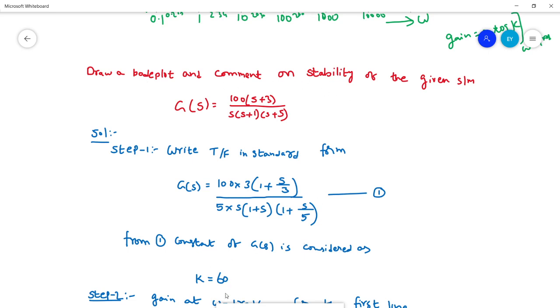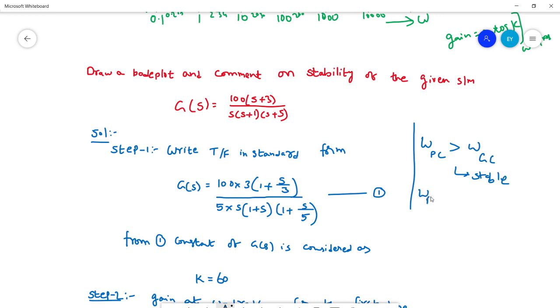As we discussed in the previous class, from the Bode plot, if the phase crossover frequency, omega pc, is greater than omega gc, the gain crossover frequency, then the system is stable, right?